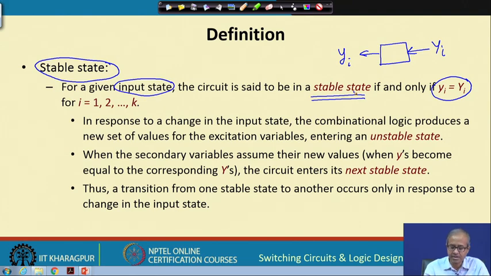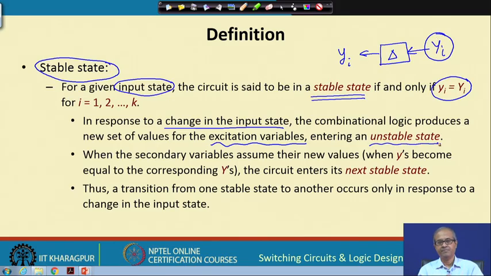But temporarily when there is a change in the input, the excitation variables change. Excitation variable means these capital Y i's, they change, but those changes have not yet been reflected in small y i because there is a delay here. That we refer to as an unstable state, because the circuit may go through an unstable state before stabilizing.